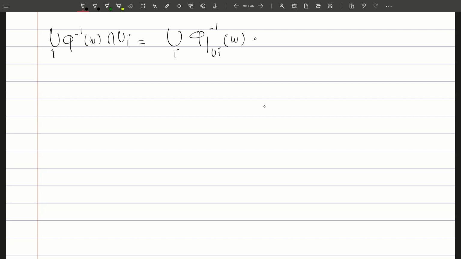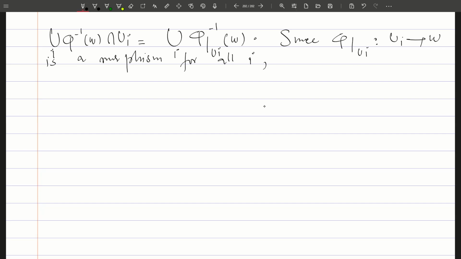Now, since each restriction map is continuous, the inverse image of W under phi restricted to U_i is an open set. Since the restriction maps from U_i are given to be morphisms, they are continuous.